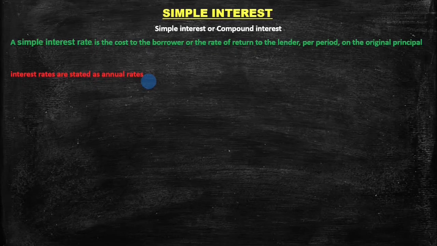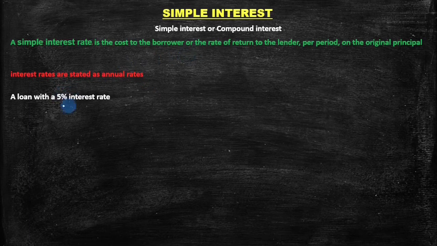So, the period is assumed to be 1 year. Now, the cost or return, again, depending on how you look at it, is stated as a percentage of the original principal. For example, a loan with a 5% interest rate, it means 5% of the original principal per year.